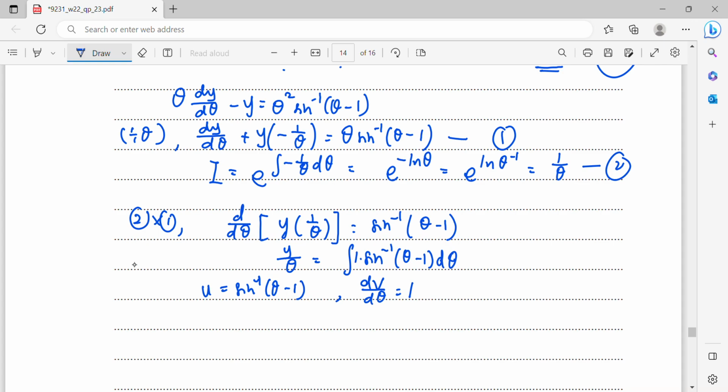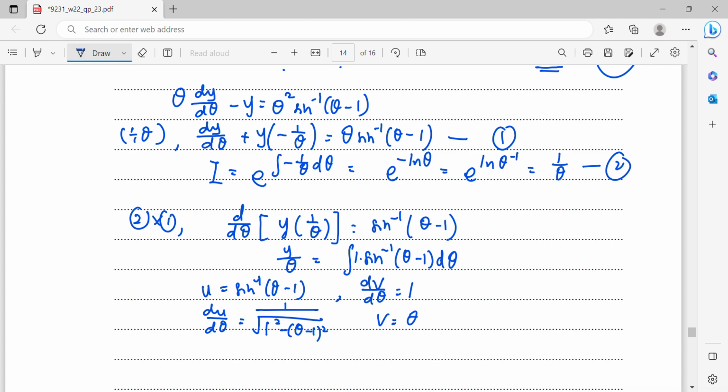Now du over d theta will be 1 over the square root of 1 minus theta minus 1 squared. You can treat theta minus 1 as a u, because when you differentiate theta minus 1 you get 1. Then v equals theta.